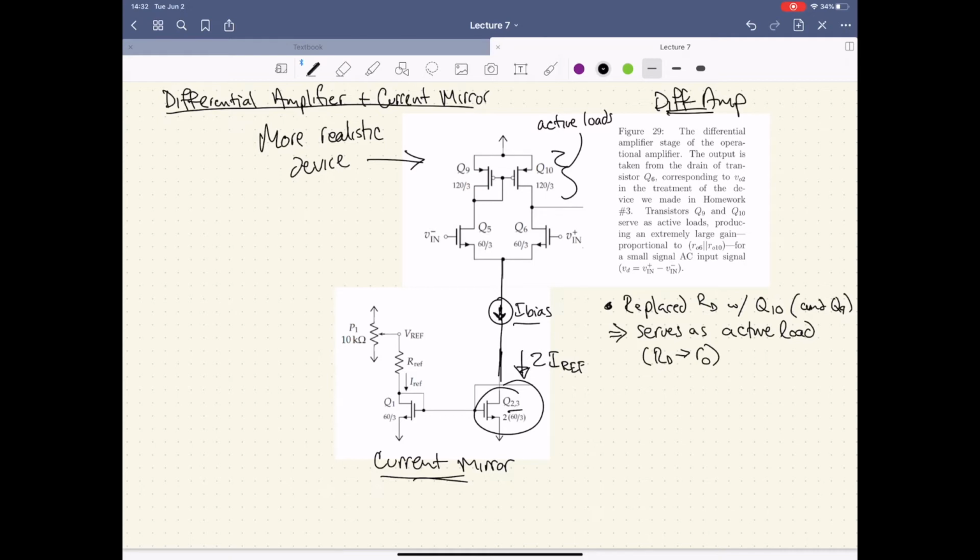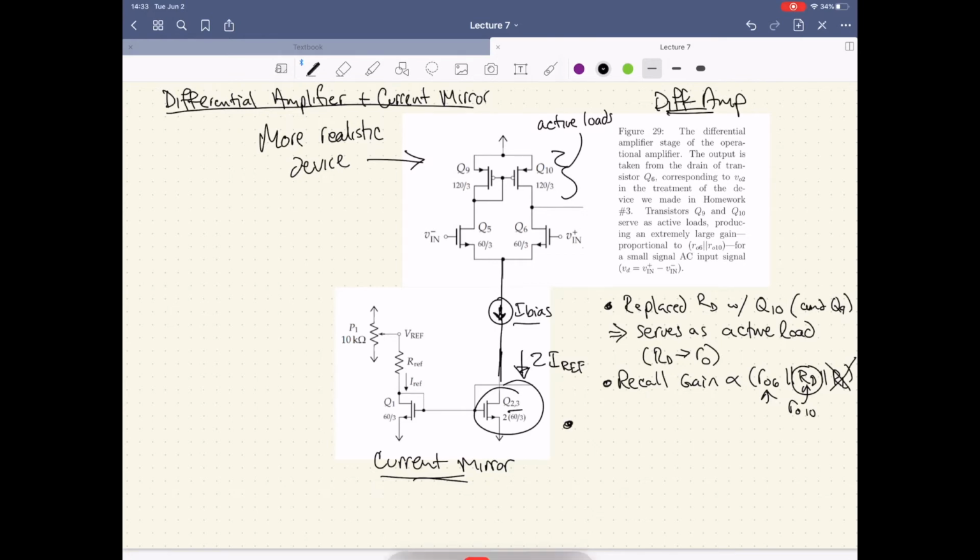So our gain equation, recall gain was proportionate to, in our previous lectures, RD in parallel with RL, in parallel with little RO6, the AC output resistance of this MOSFET. Now we're going to effectively show that we can get rid of this one, and this one obviously gets replaced with RO10.